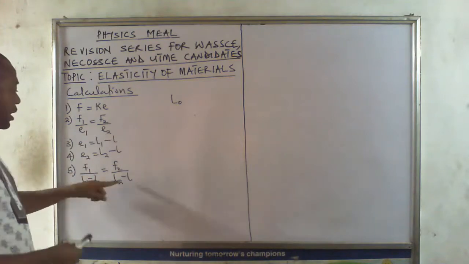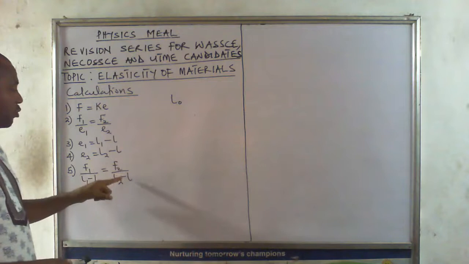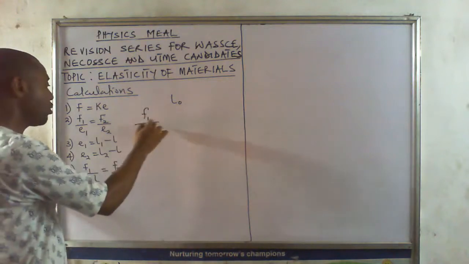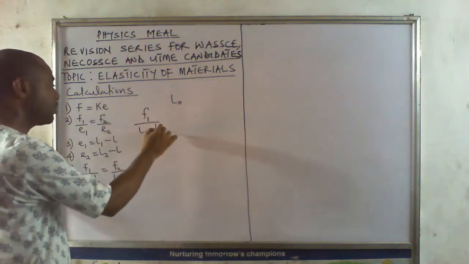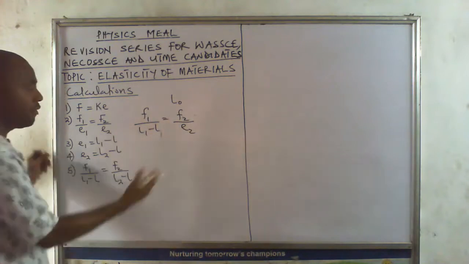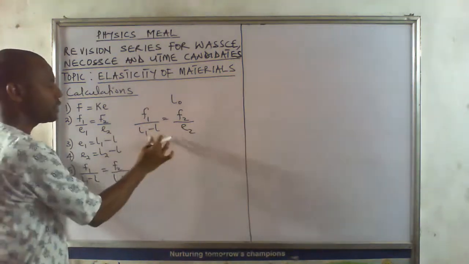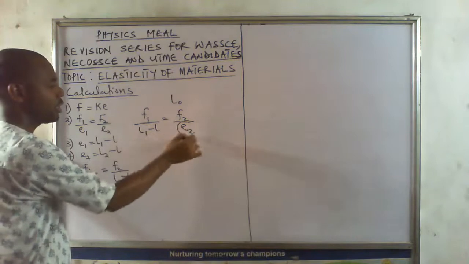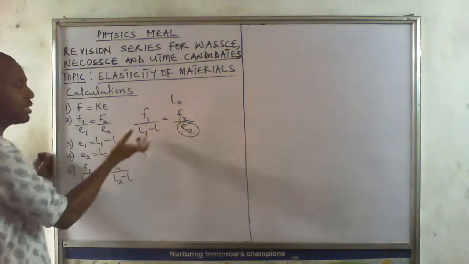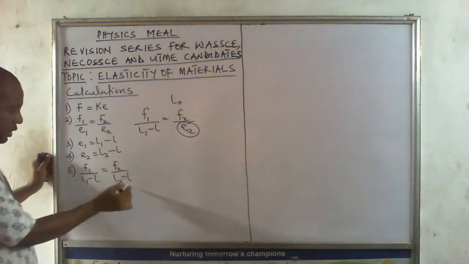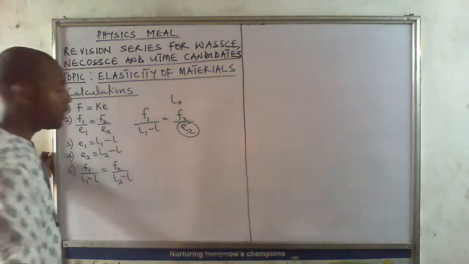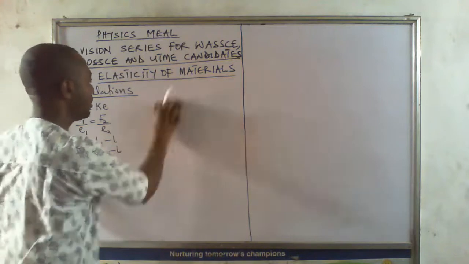So in a situation where we are given extension, we can still write this as F1 over L1 minus L is equal to F2 over e2. If they did not give us the length but gave us extension, this and this are the same because this is representing this. So whichever way you decide to write it.